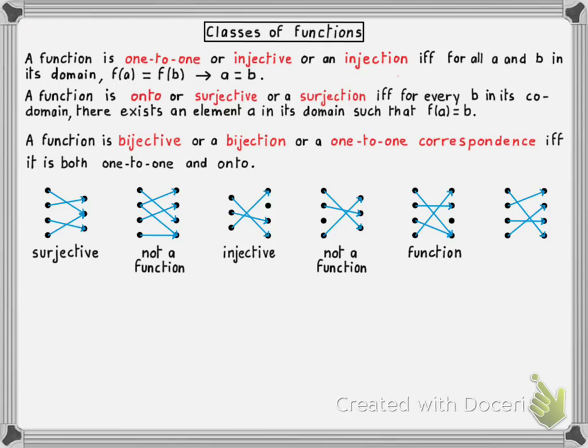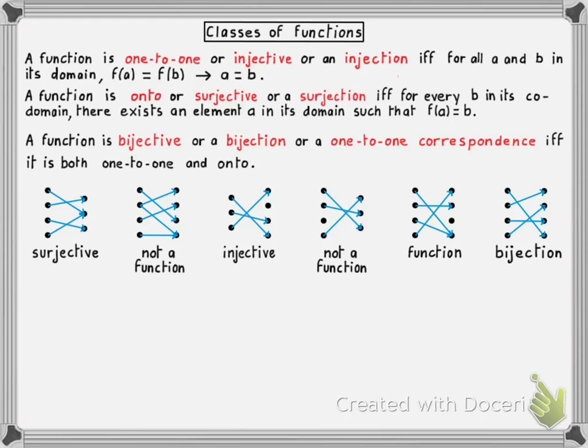So since it's a function, since it's injective, meaning no element here has two arrows or more going into it, since it's surjective, meaning every element here has at least one arrow going into it, then by definition it's a bijection. And this concludes our list of examples. I hope this will help you master these important definitions and categories of functions.